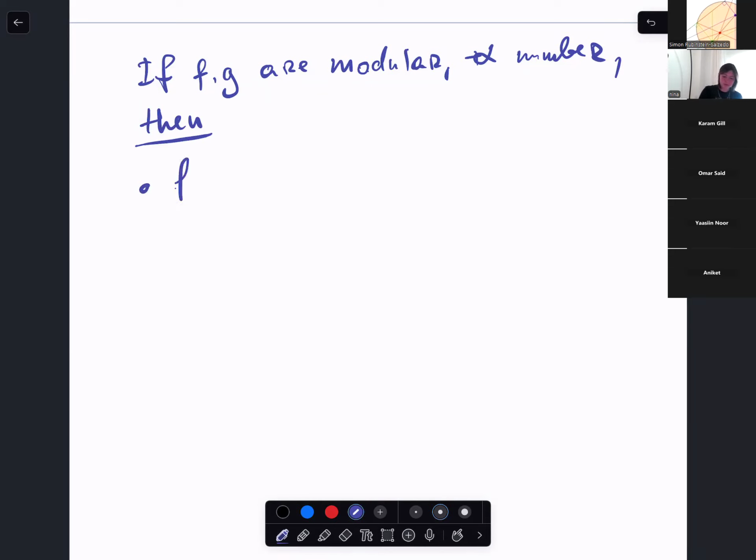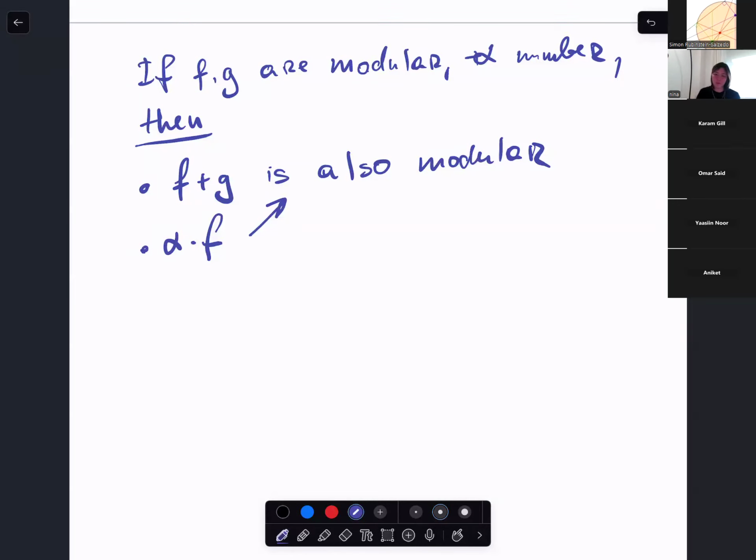The first is that F plus G is also a modular form. And alpha times F is also a modular form.